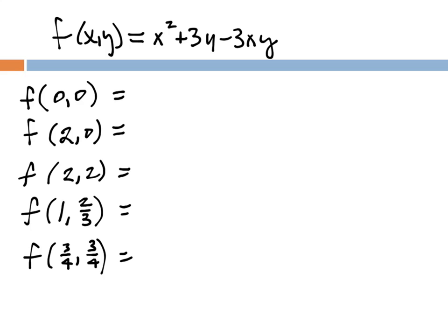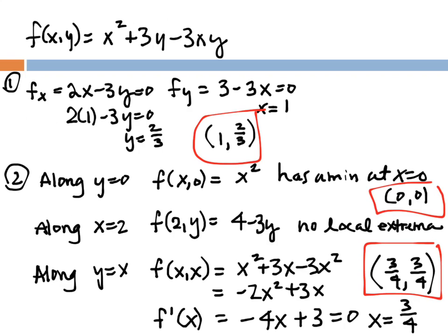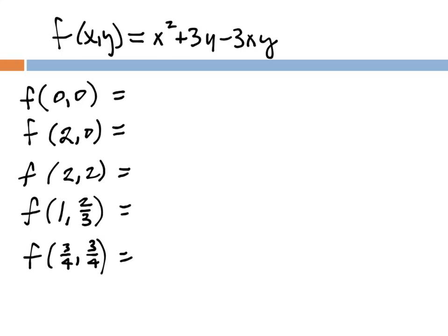Where did we get the 1 2/3? We got it from finding the local critical point on the entire surface. We found a critical point for our surface. Yeah, so the equivalent to what we did in Calc 1 is you had to find local extrema, and then you had to test endpoints.